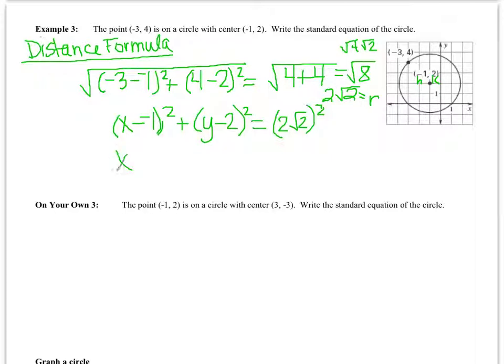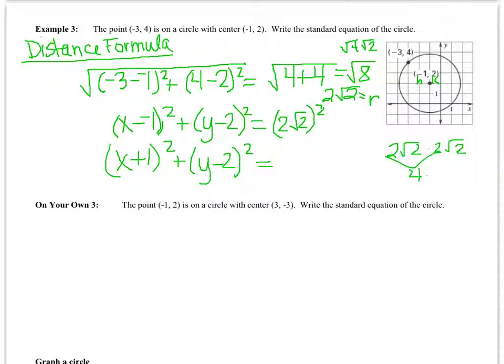So that becomes x plus 1, the quantity squared, plus y minus 2, the quantity squared, equals, let's look, 2 square root of 2 times 2 square root of 2. 2 times 2 is 4, times the square root of 2 times the square root of 2, which is 2. So 4 times 2 is just 8. And that is my general equation for the circle shown right there.